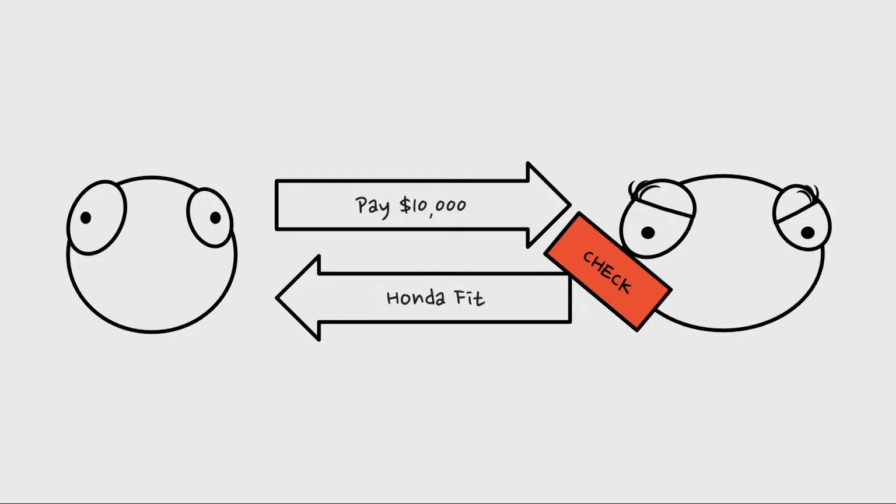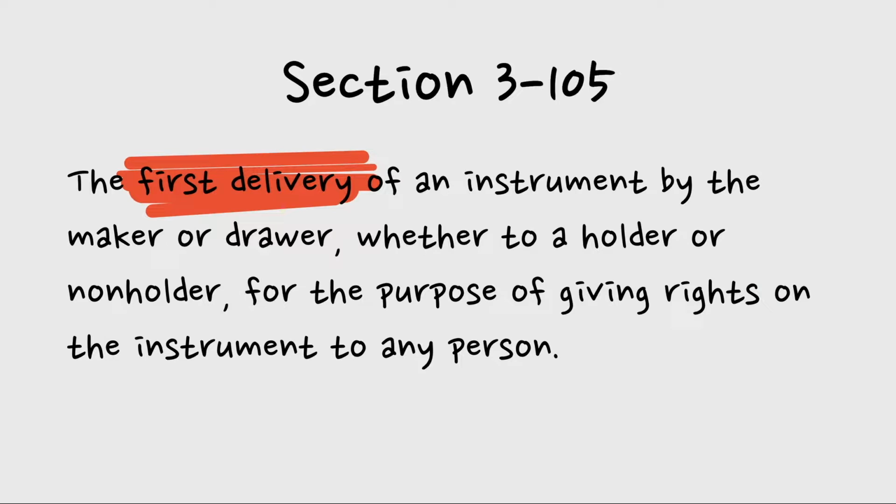And remember that he's ordering his bank to pay Barb the $10,000, the bank being the party we call the drawee. So when we look at this initial giving of the check, it's Bob who created the check, wrote it out, signed it, and then delivered it to Barb.